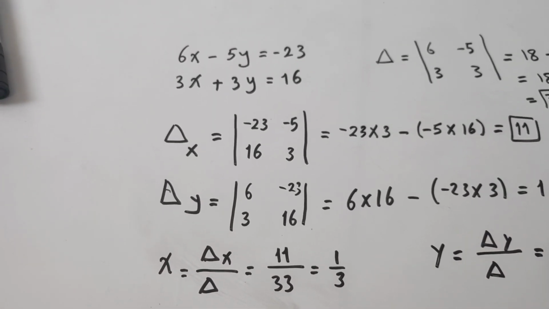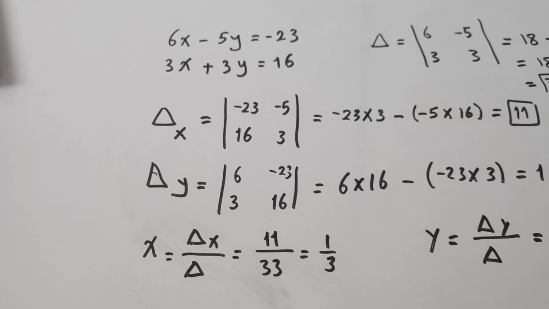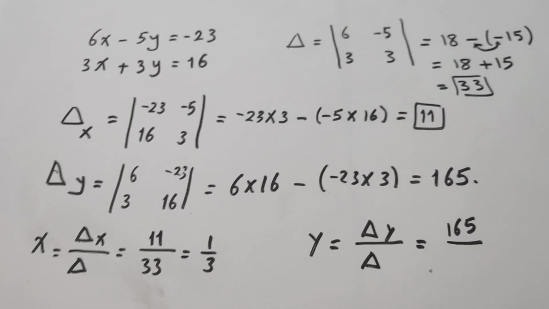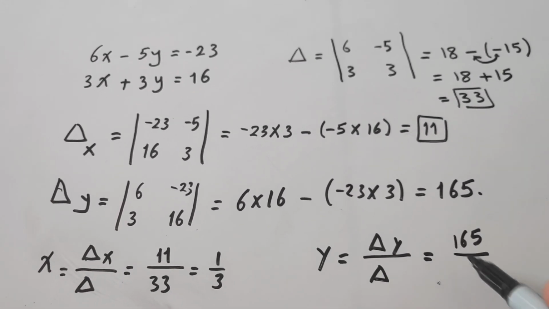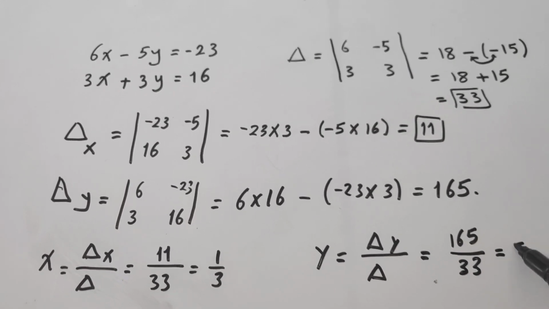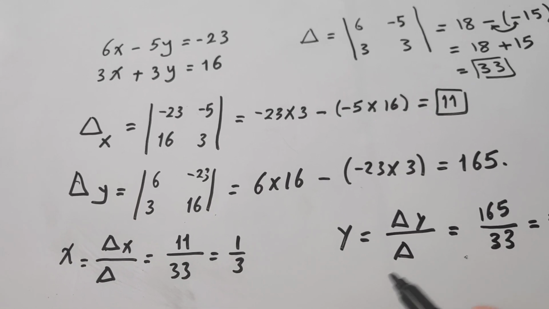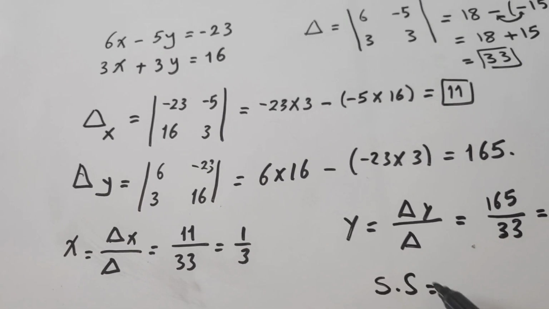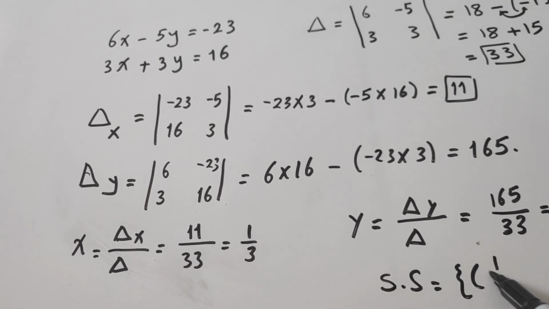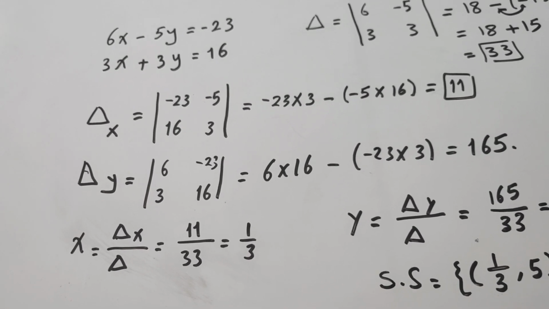That means 165 over 33 equals 5. So we can find the solution set of the system of equations equals the ordered pair 1 over 3 and 5.